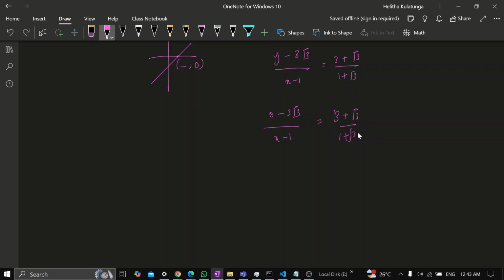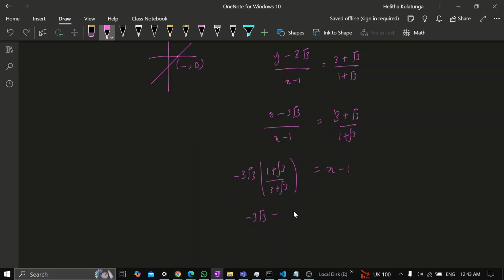So how are we going to do that? What we can do is take this to the other side and write it like this: we have (1 + √3) and (3 + √3), and then we can distribute this.